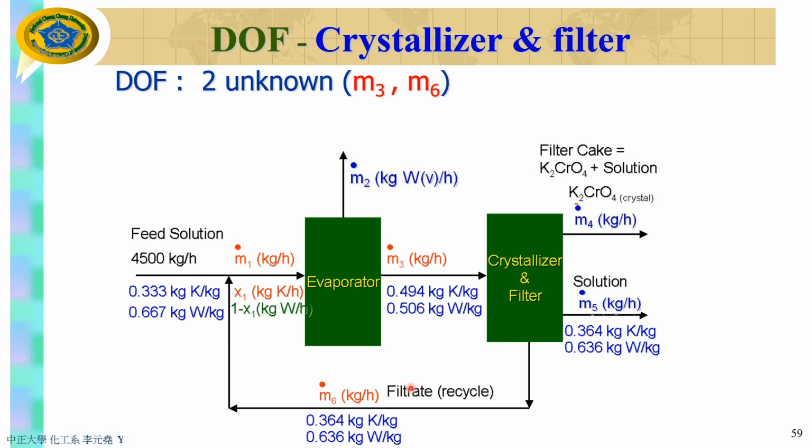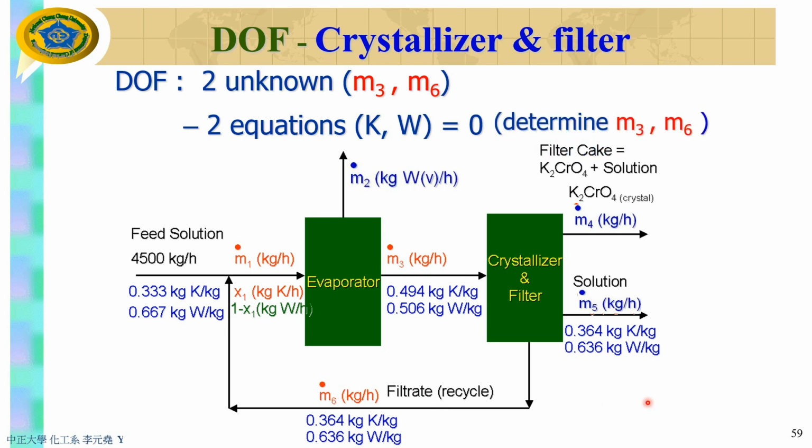Well, you get a feeling: yes, I can get an answer of M3 and M6 according to input equal to output of the water and the potassium chromate. Bingo. So you can change M3 and M6 from red color to blue color, right? Okay? Yes. Wonderful.